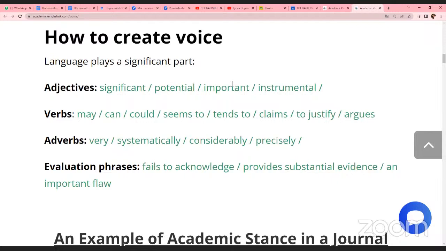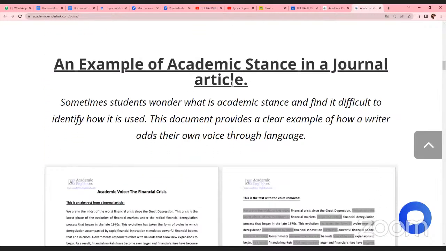May, can, could, seems, stands to, claims to, justify, argues, in order to create this voice. Then we have adverbs, right? Very, systematically, considerably, precisely. And at the end, we can find the evaluation phrases, such as to acknowledge, provides substantial evidence, and important quote.